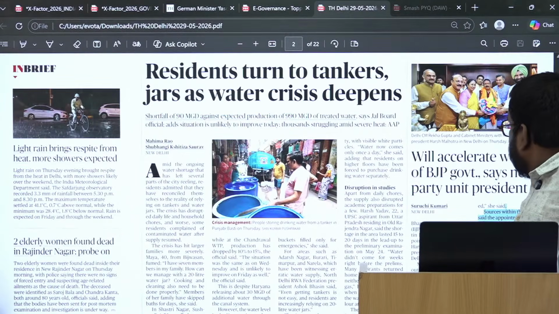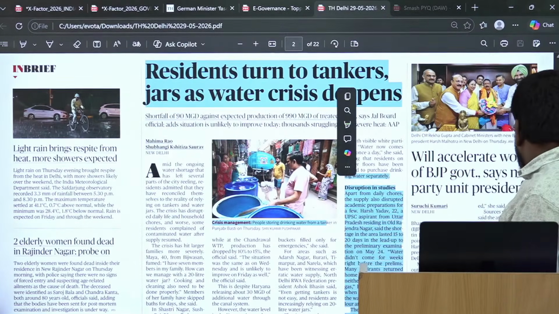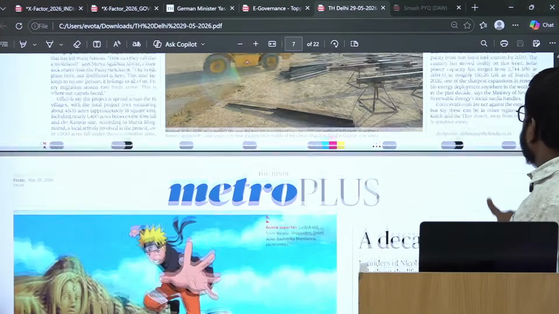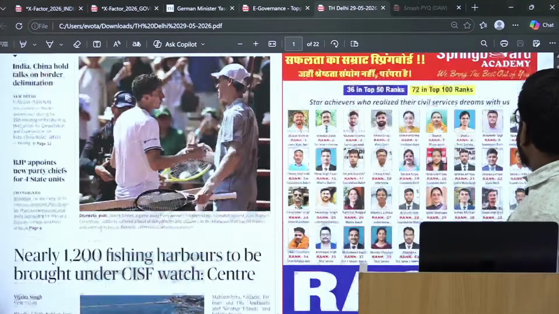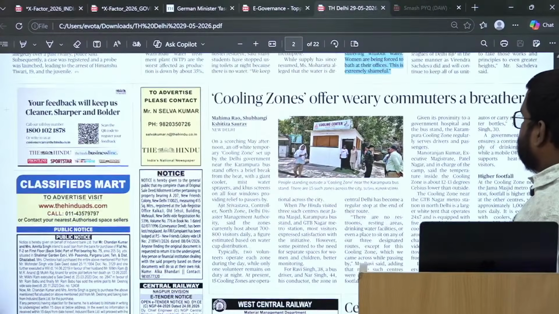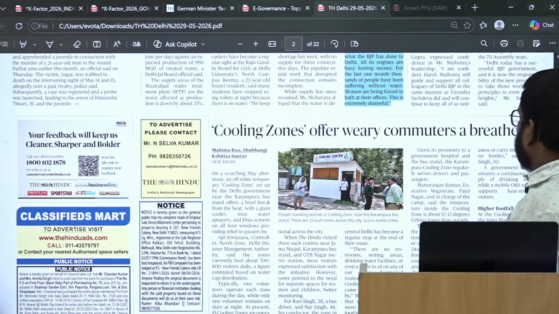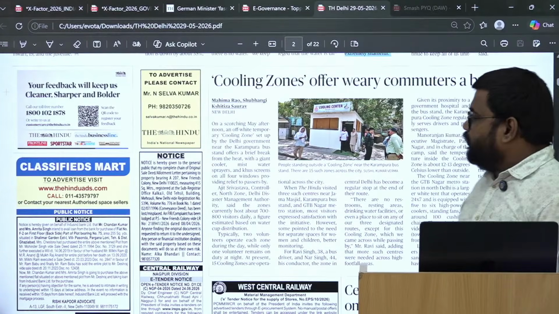ठीक है. सिमिलरली अगर देखोगे, next news is cooling zones offer a very commuters a breather.